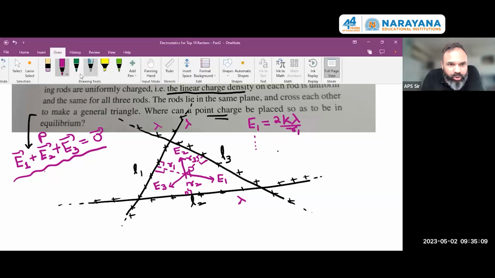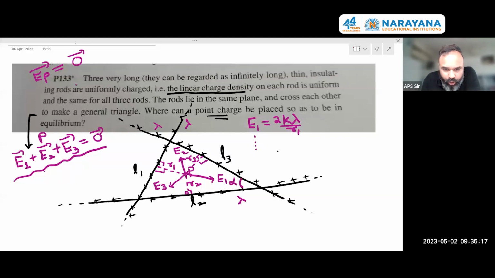If you look into this triangle, let's say opposite to L1 this angle is alpha, opposite to L2 this angle is beta, opposite to L3 this is gamma. For this random triangle, alpha, beta, gamma, by the polygon law of vector addition, these three vectors will make a triangle.